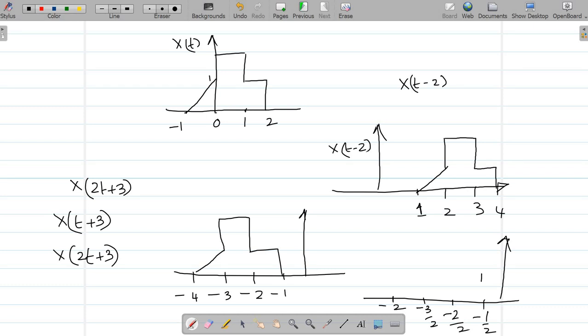So the signal will become like this. This is x of t plus 3, and this is x of 2t plus 3. Okay, so we have seen this. Let us take another example.